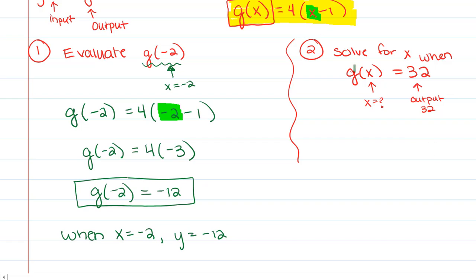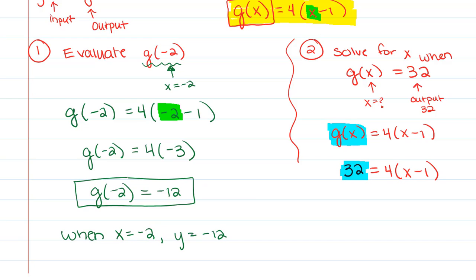Let's rewrite the equation to help clarify. I'm taking this entire g of x, because that represents the output, and I'm replacing that entire thing with 32. Everything else in the equation stays the same.